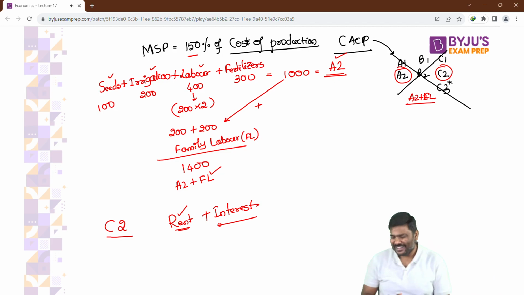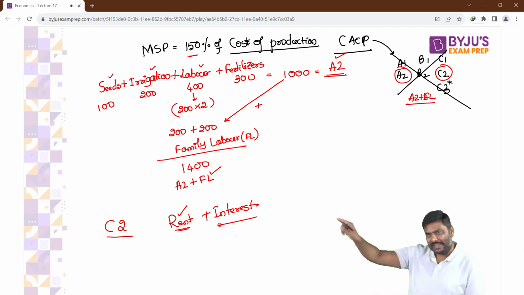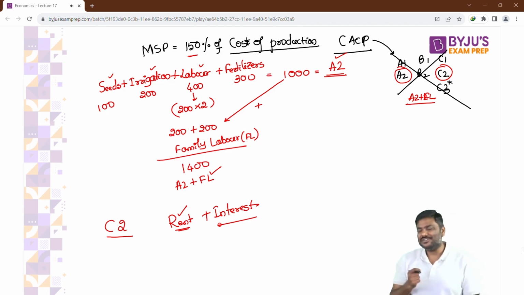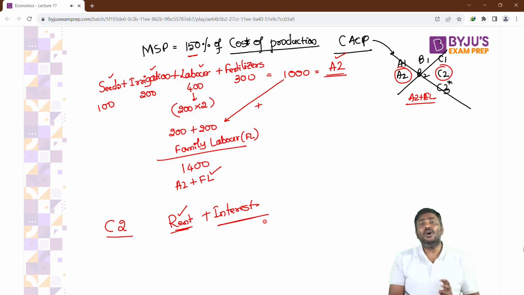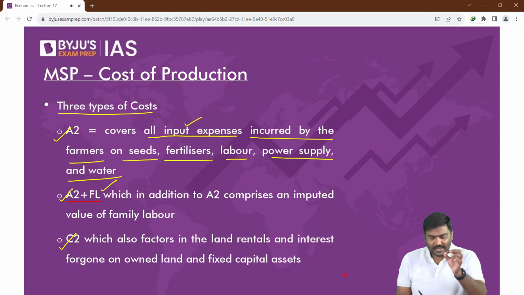Some of you are saying no. Oh my dear. If you have 100 rupee, rather than keeping it in FD, you will use it to purchase something else. Is it not opportunity cost? Is the interest not opportunity cost for you? We have discussed opportunity cost in the first class. So land rentals, earlier they were not counted. Interest on capital assets, they were not counted earlier, but all of these are expenditures.